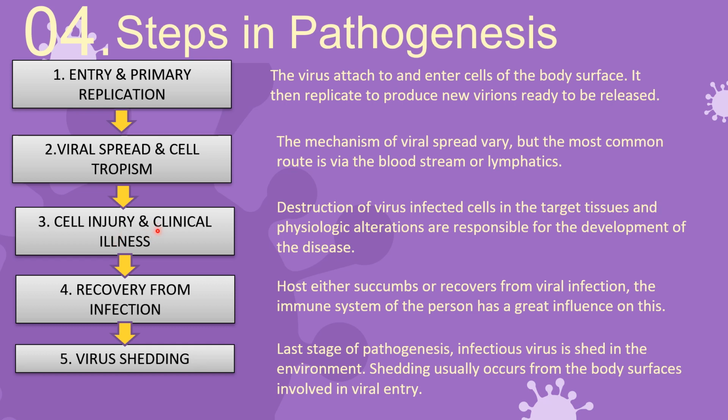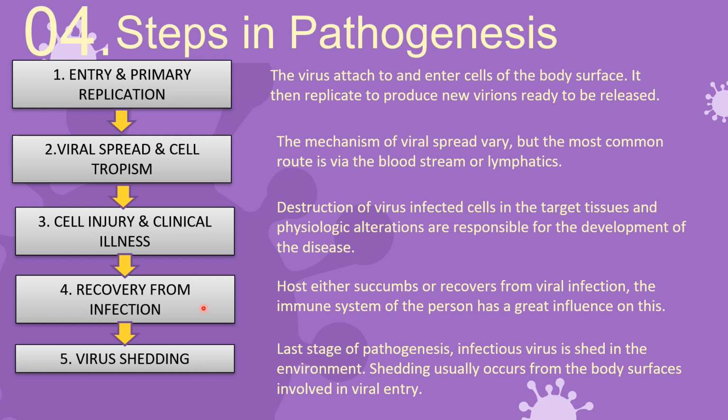So during this, cell injury is actually happening, wherein the host develops the disease, and signs and symptoms are also manifested during this stage. And the fourth one is when the host either succumbs or recovers from the viral infection.